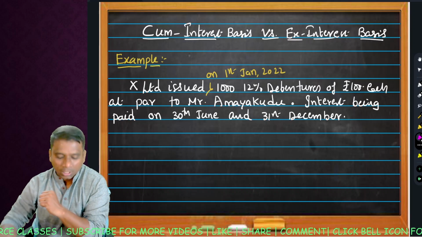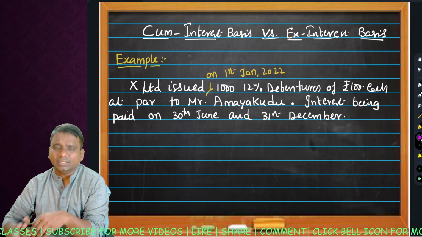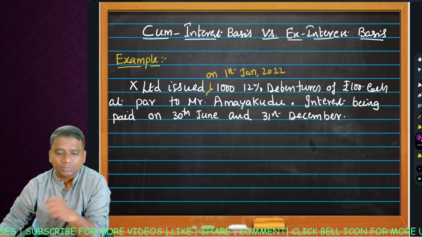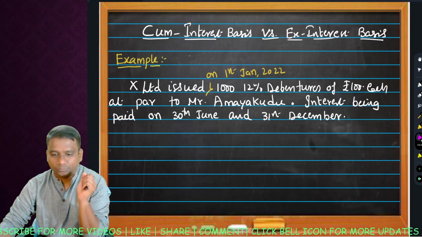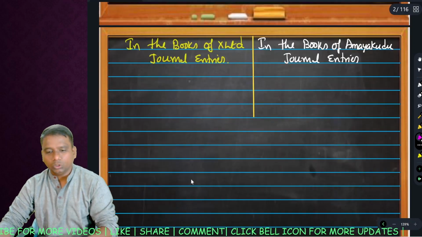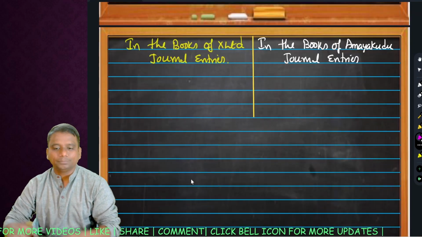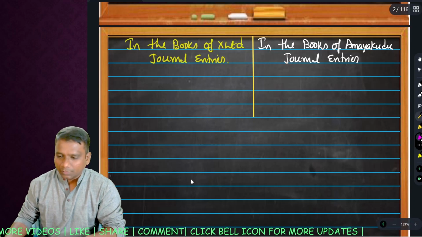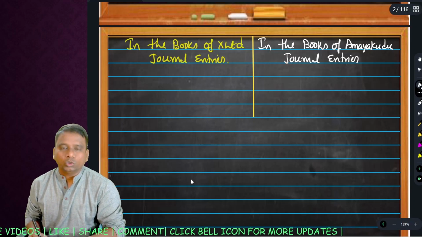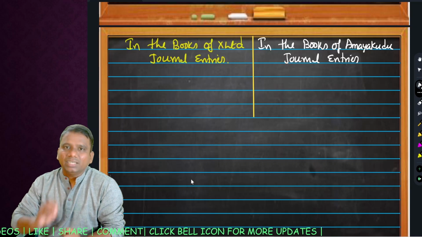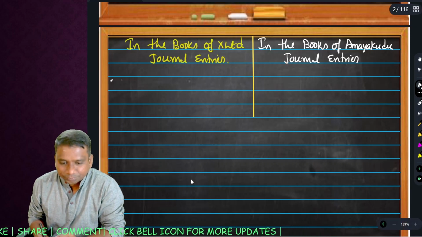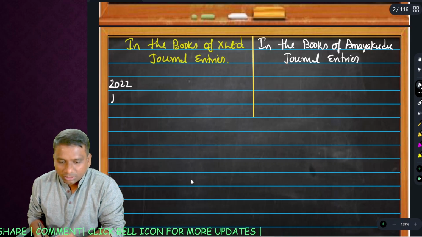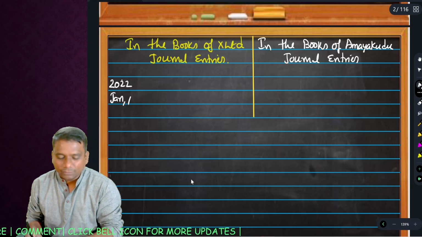Do remember. Now we discuss the journal entries in the books of X Limited and at the same time in the books of Amayikudu. First look at the entries in the books of X Limited. X Limited is issuing debentures, so X Limited receives the amount on 2022 January 1st.